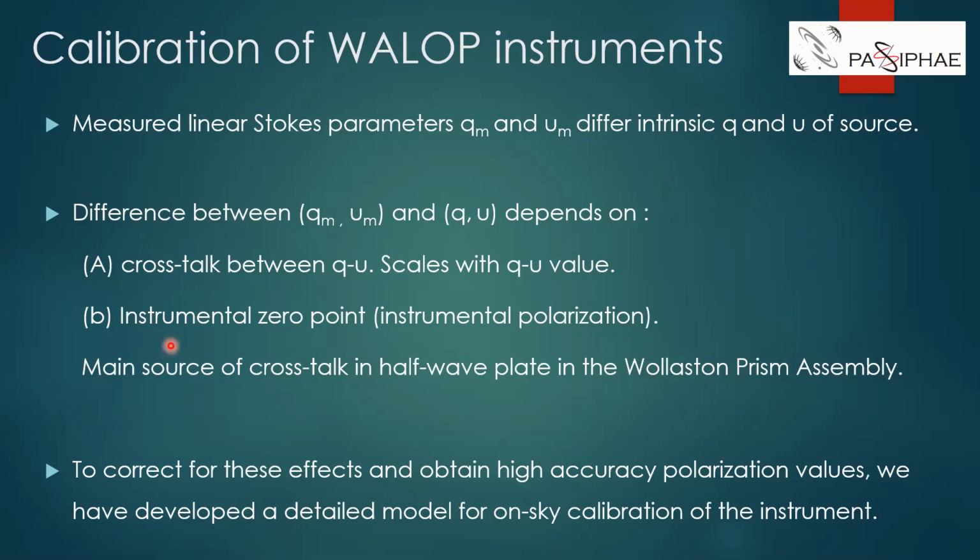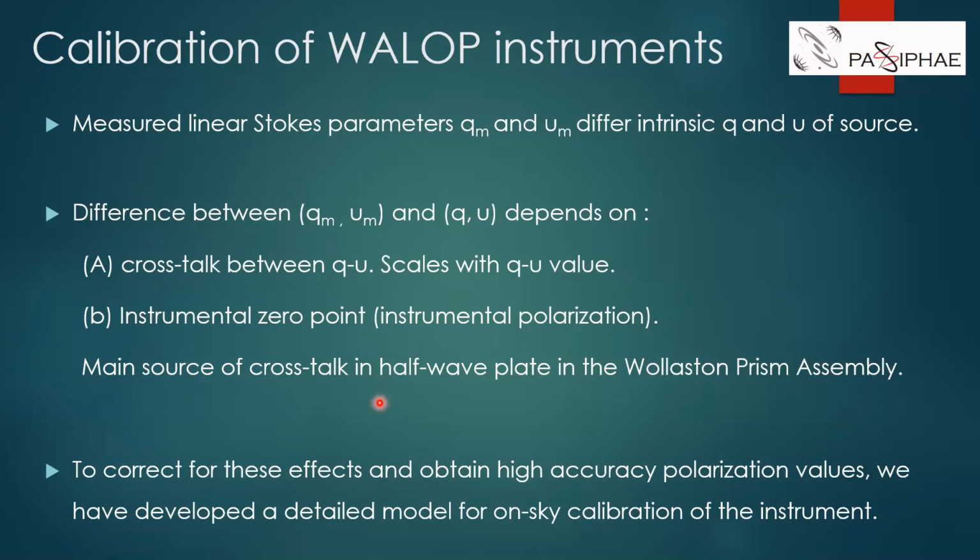Now, most narrow field of view polarimeters, for example, Robopol, have only instrumental 0 offset, which can be corrected by observing zero polarization standards. In case of Wallop, we find that there is a significant crosstalk between the Q and U parameters, and it changes as a function of field point. And we know that the main source of crosstalk is the half-wave plate in the Wollaston prism assembly.